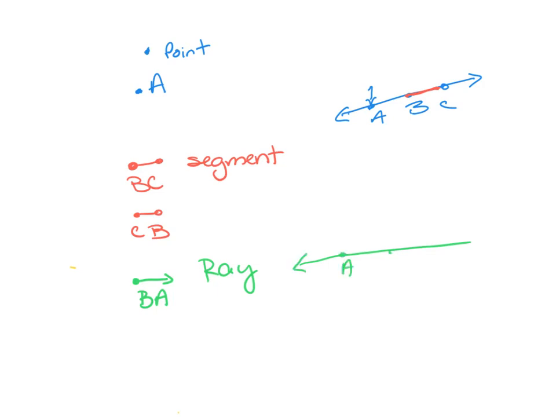Here's my line, here's my A, B, C. And BA starts at B and goes through A to infinity and beyond. Do you understand that? The first letter is your starting point, but it goes forever and ever through A. Got it? If I were to say ray AB, that starts at A, goes through B, and it goes to infinity and beyond.